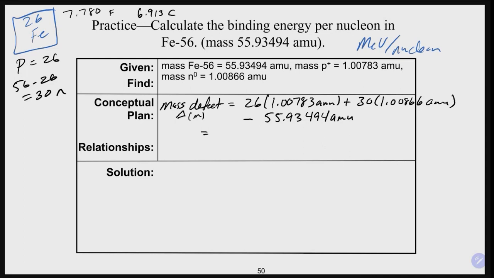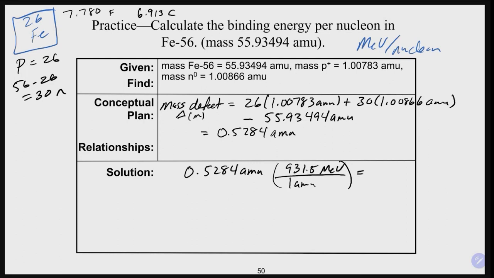It looks like 0.5284 AMU, which since we are looking for mega electron volts, we might as well use the conversion. 1 AMU is 931.5 mega electron volts. So we will multiply that by 931.5.